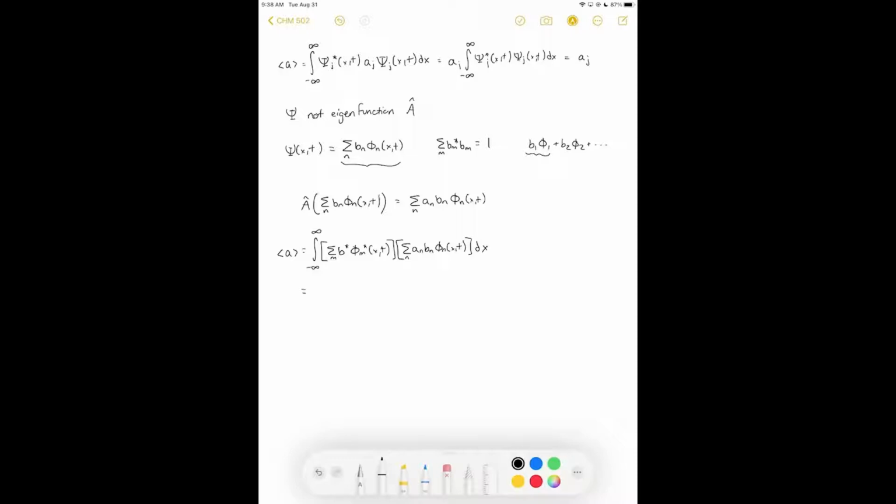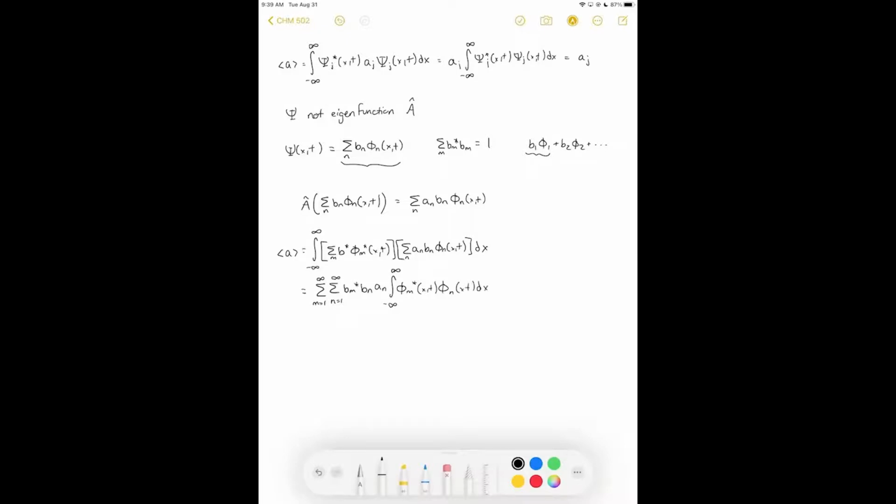I'm going to pull the constants and the sums out of this integral, and we'll get that this is equal to the sum from m equals 1 to infinity times the sum over n equals 1 to infinity of bm star bn an times the integral from negative infinity to infinity of phi star m of x and t times phi n of x and t dx.